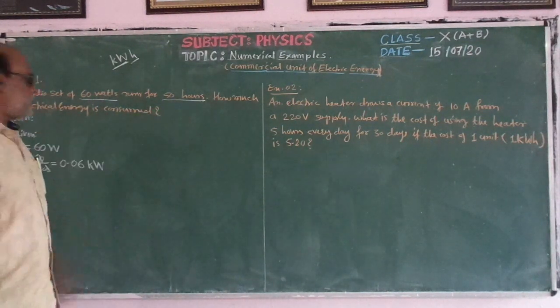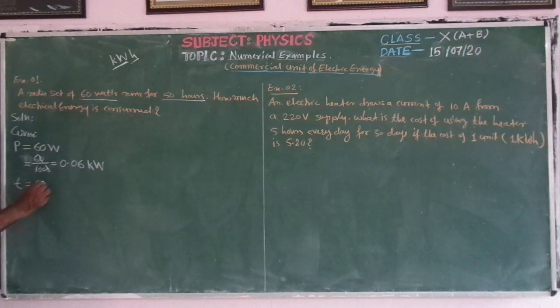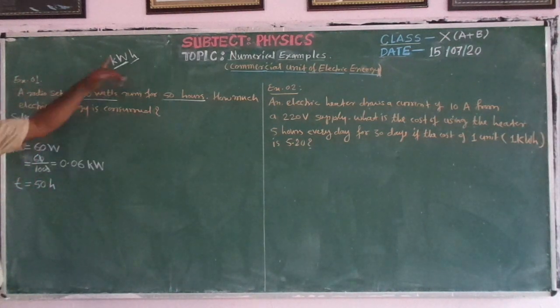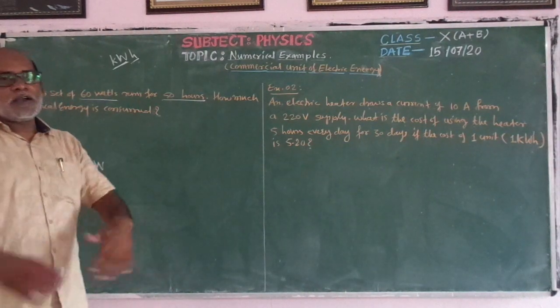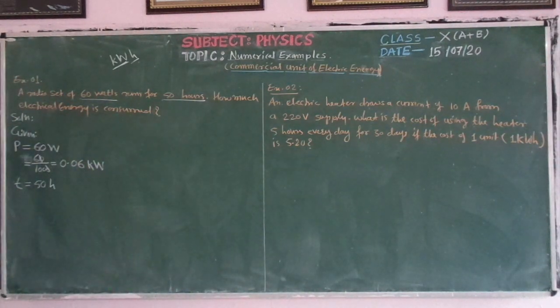It runs for 50 hours. Now time is given as 50 hours and while calculating kWh we require time in hour. Therefore there is no necessity of conversion. Therefore let it be like that.